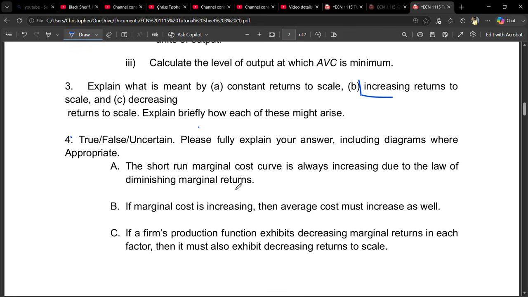Okay, so this is false, because it is not always increasing. Even if it were true, the short run marginal cost curve cannot always be increasing. It will decrease first and then go up due to the law of diminishing marginal returns.